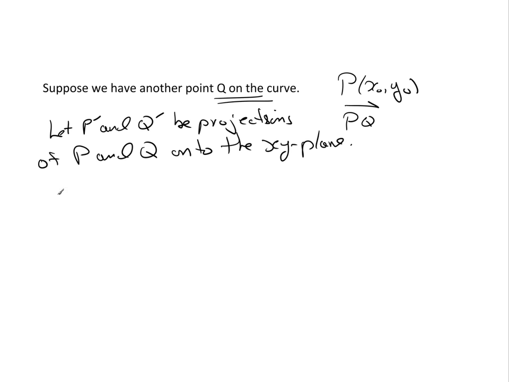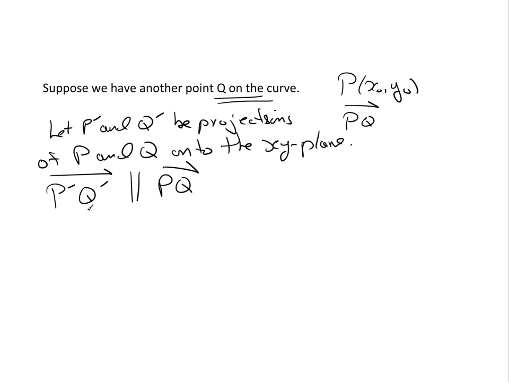Now, because of that, I know that the vector P prime Q prime is going to be parallel to the vector PQ. These primes are just denoting another version of P. These primes aren't derivatives. Don't be thinking that these are derivatives in any way.